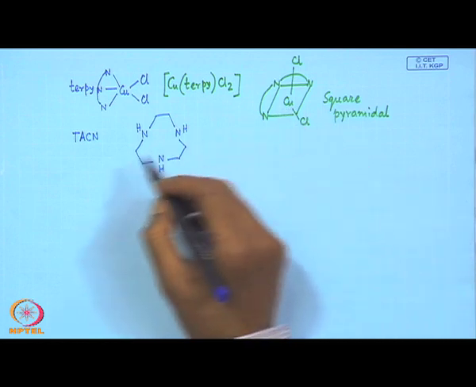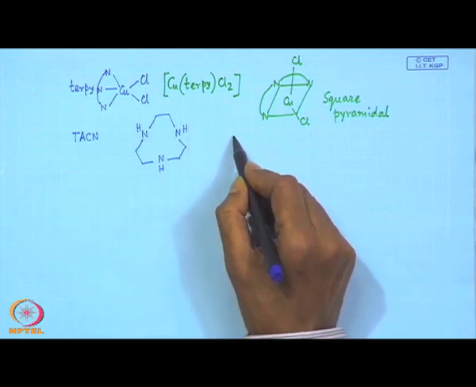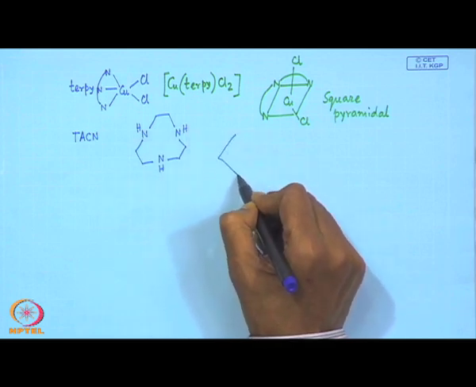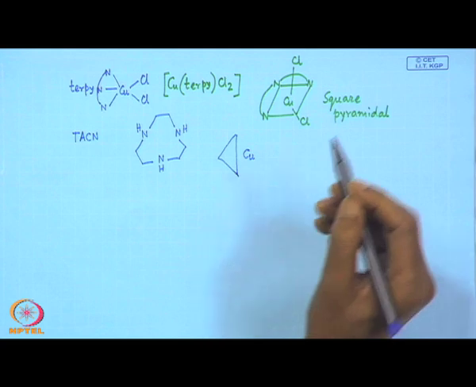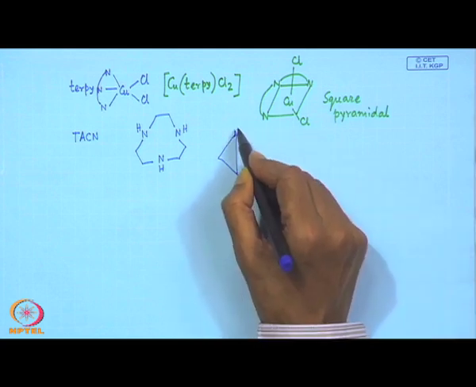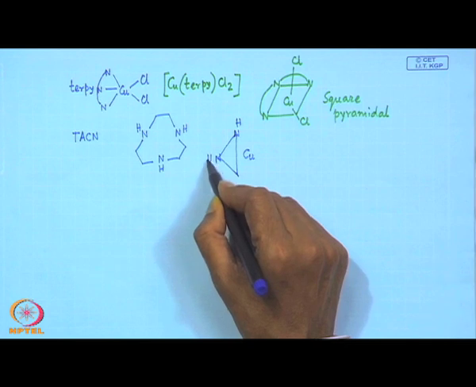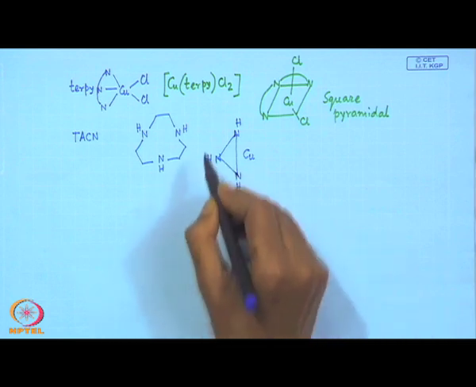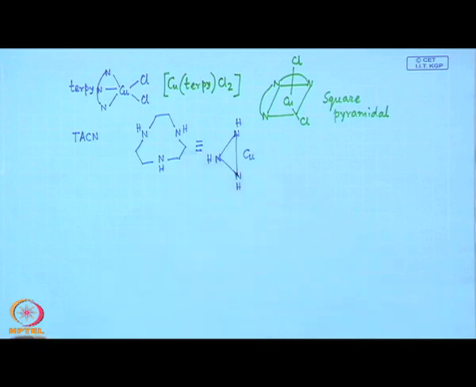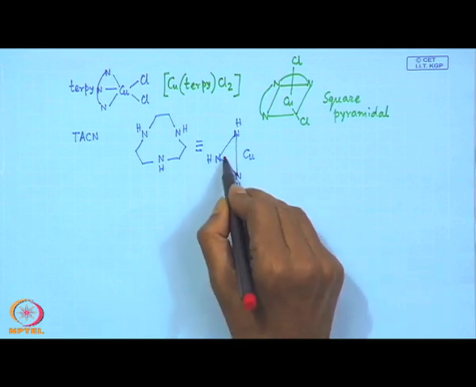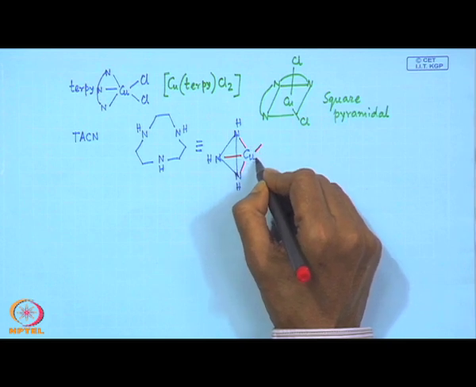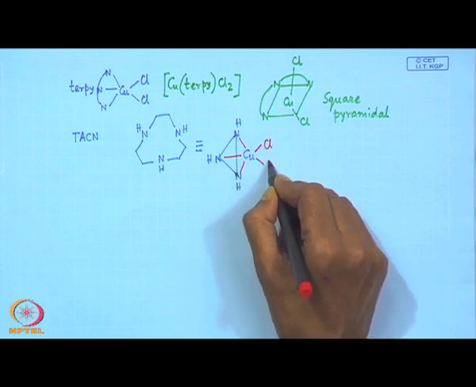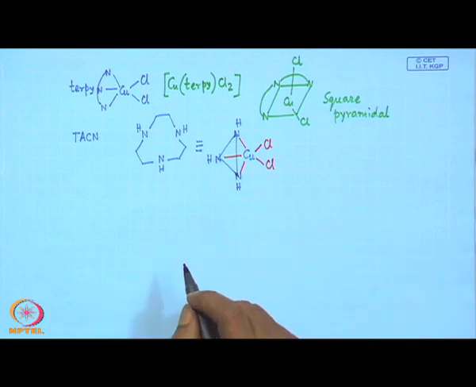Instead, it can go for one particular face. So, if we have a triangular face on one side of the copper, and if this is copper, this is one NH, this is the second NH, and this is the third NH of the TACN. So, TACN is going to bind to the copper center, and we have 3 copper-nitrogen bonds, and we have 2 such chlorine bonds to copper also.